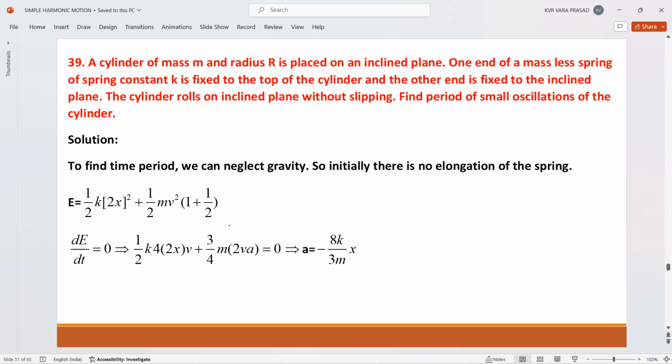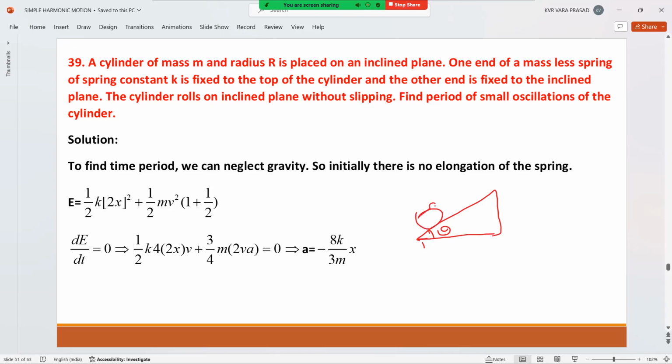I will make a diagram for the question first. It is a cylinder, taking as solid cylinder, inclined plane. Suppose angle is a theta. This is now cylinder.